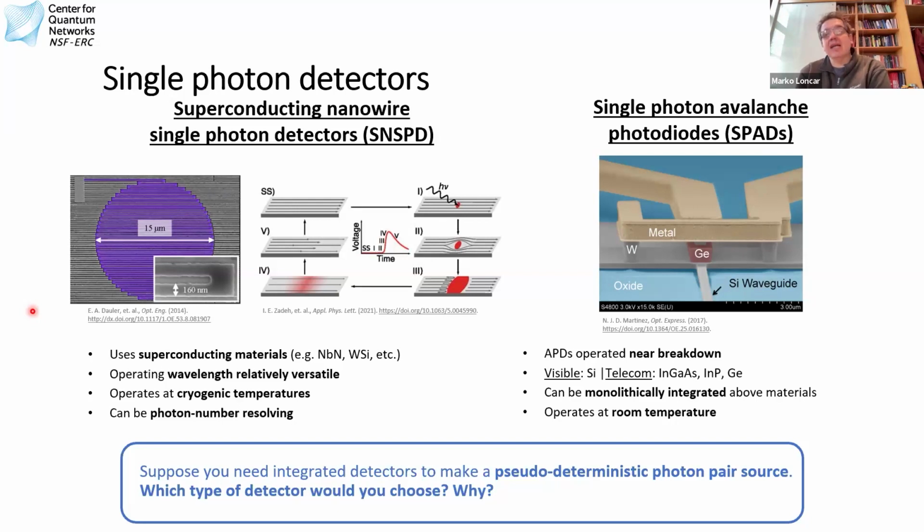What people have done instead, very nicely, first of all, you can use just a regular waveguide in a III-V semiconductor, for example. And then the probability of finding a quantum dot that's coupled to the waveguide is actually much higher, because waveguides are longer than a cavity. But an important figure of merit in all single photon sources is the so-called spontaneous emission factor, or beta factor, as well as Purcell factor or cooperativity.